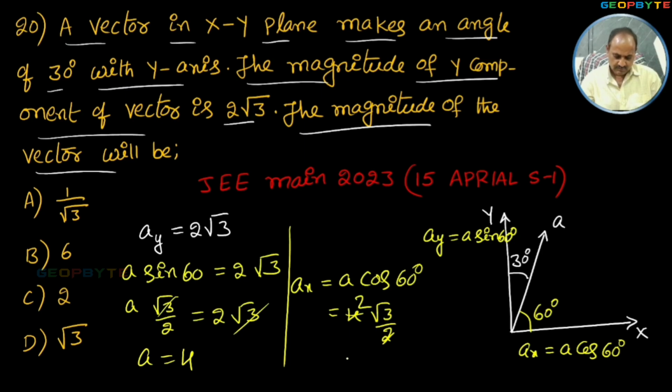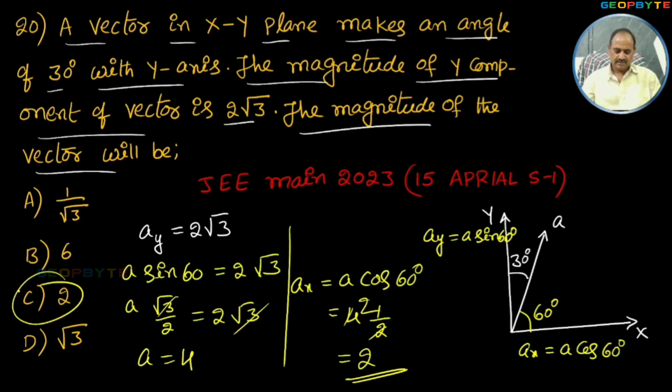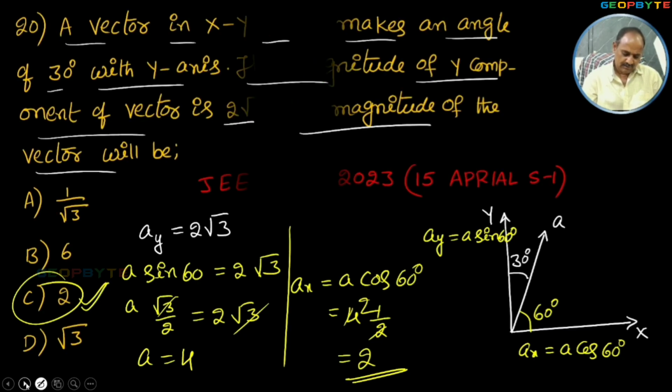You should be very careful. That is the x component, not the magnitude of the vector; it is the magnitude of the x component of the vector. I hope you got my point. Option C is correct.